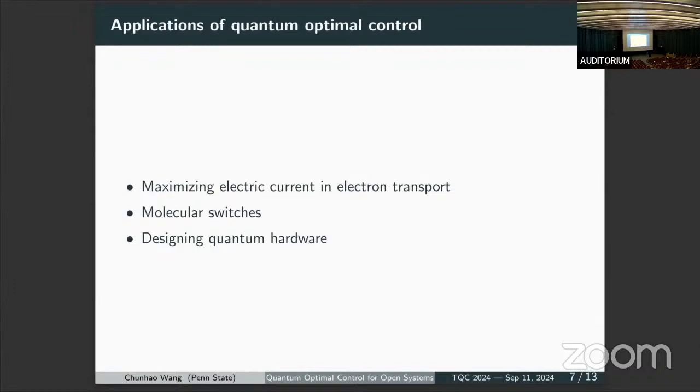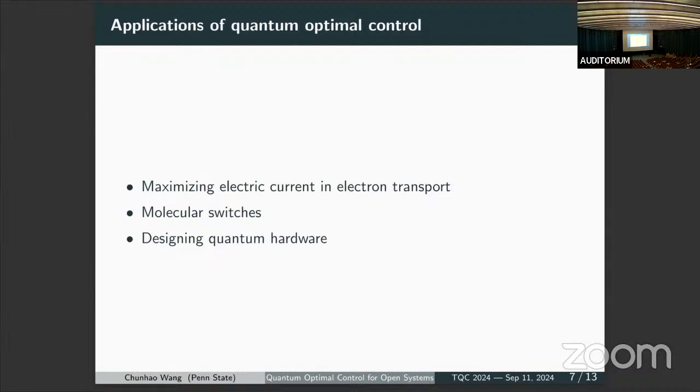So there is an analogy in the classical world. Imagine, you know that there are a lot of software tools that can help us design CPU chips, right? So we have classical algorithms to help us design classical machines.